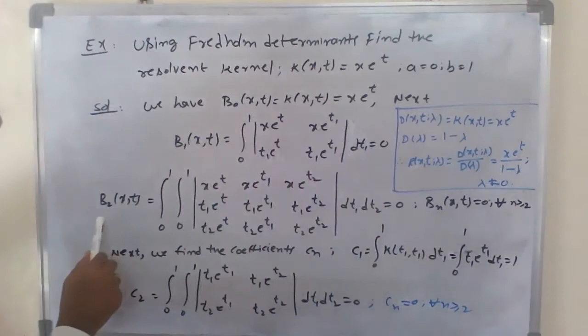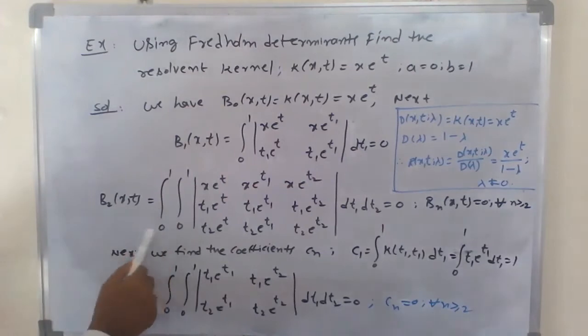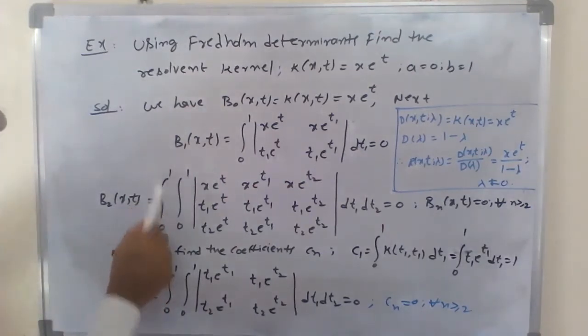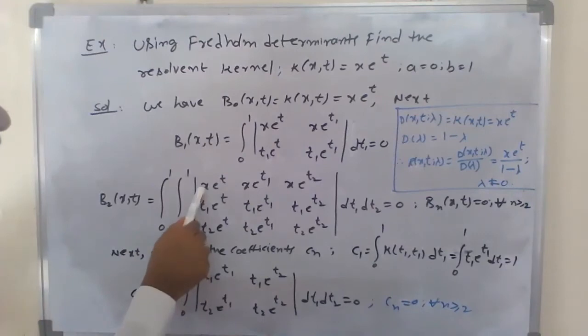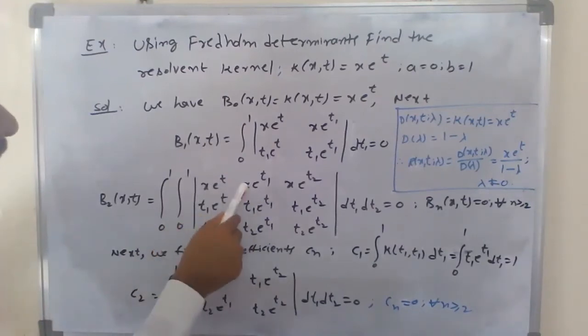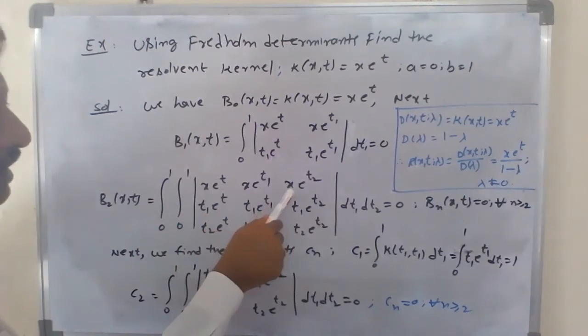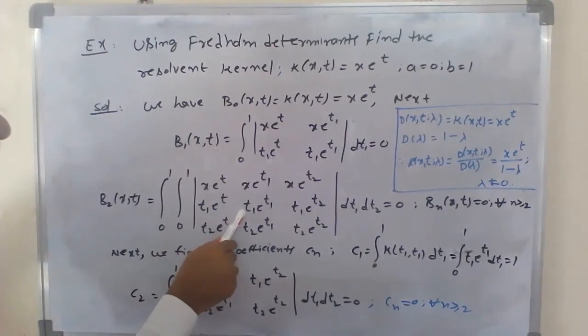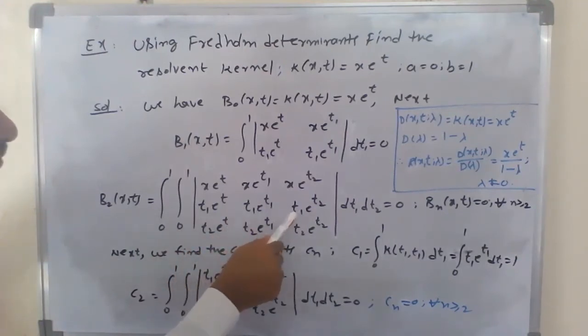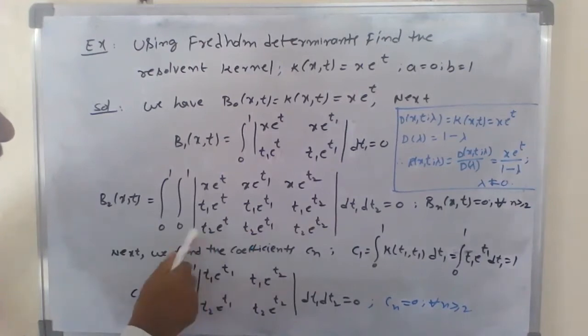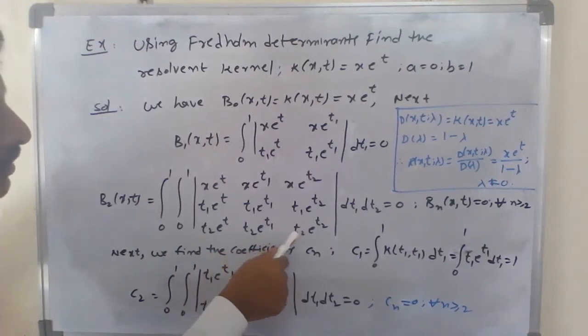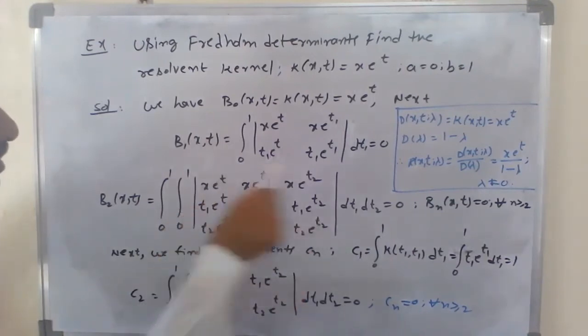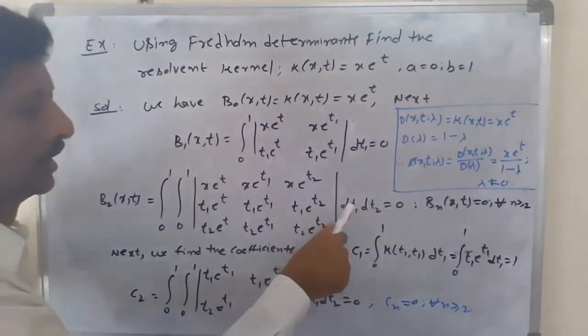Next we find the quotient B2 of x comma t. We integrate twice, from 0 to 1 and 0 to 1, the 3 by 3 determinant with rows k of x comma t, k of x comma t1, k of x comma t2; k of t1 comma t, k of t1 comma t1, k of t1 comma t2; and k of t2 comma t, k of t2 comma t1, k of t2 comma t2, with respect to t1 and t2.